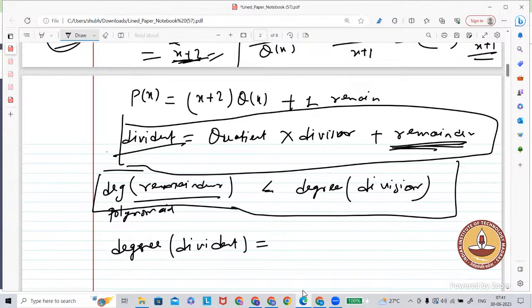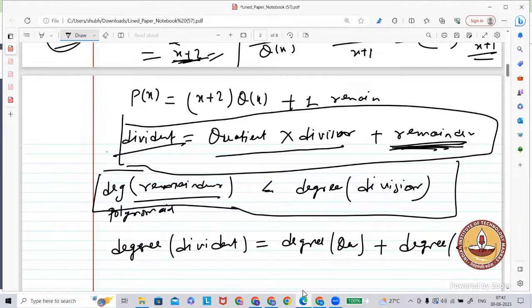So one more thing we can note here: the degree of the dividend is the degree of the quotient plus the degree of the divisor. Because once you add the remainder to this polynomial, the degree will not change, since the remainder's degree is less than that. The degree is affected by the quotient and divisor.